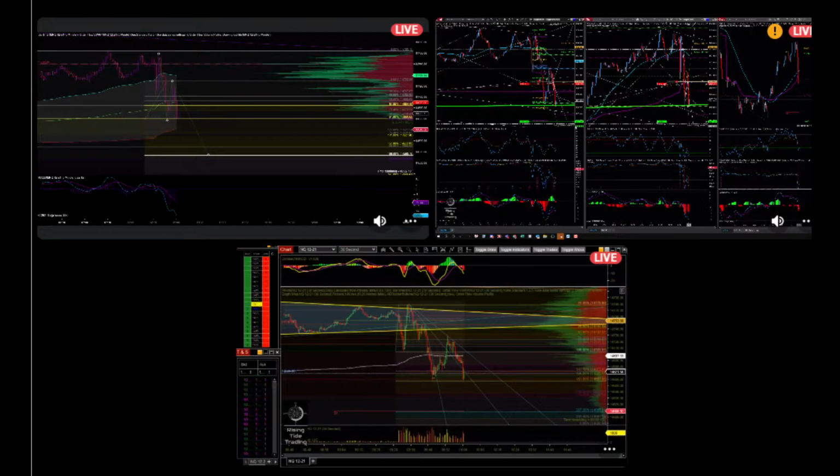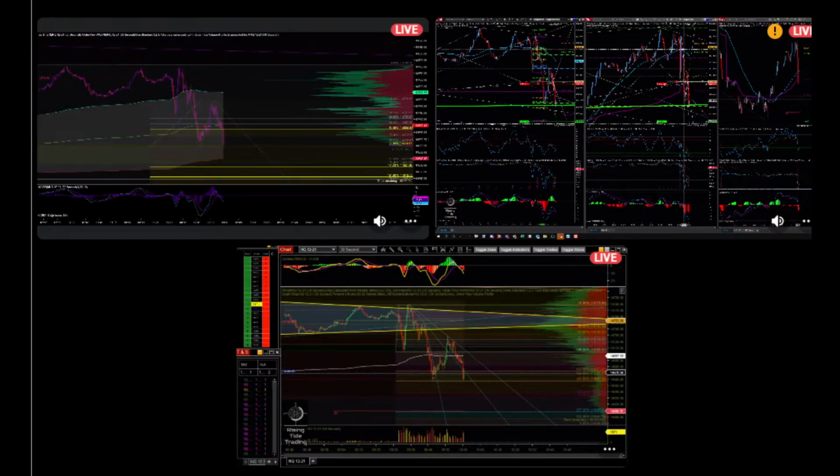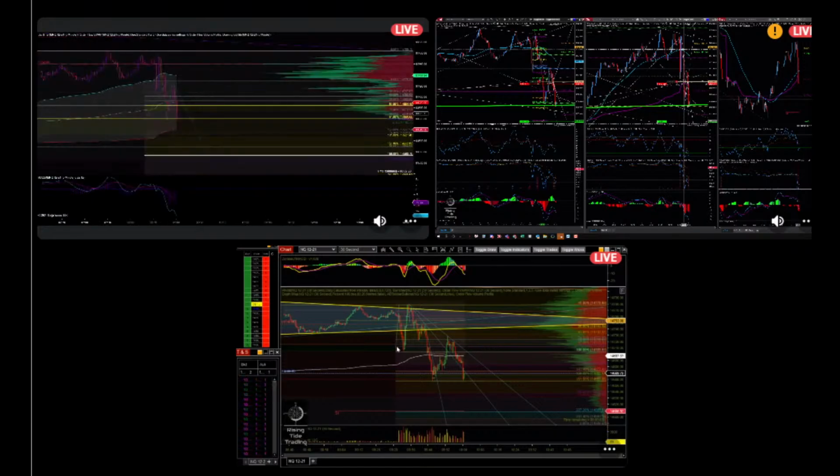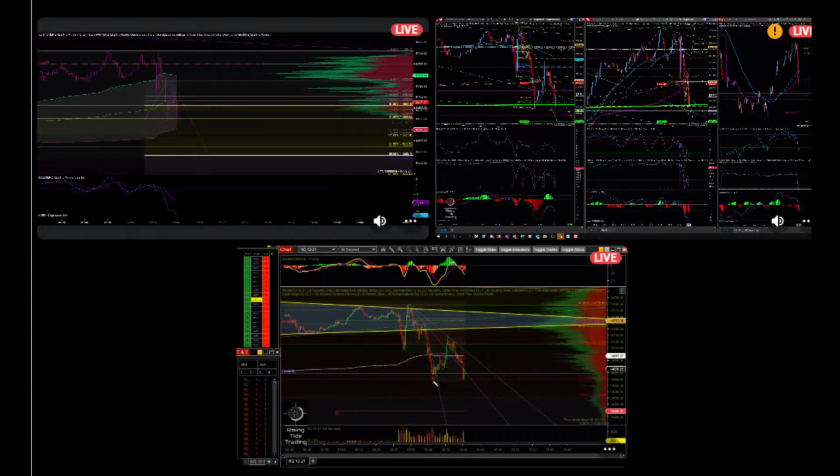Oh, that bounced off that 161 pretty well with divergence on the 1 minute. Oh, now we need to change the fibs as well. Take this off and put in this fib right here.